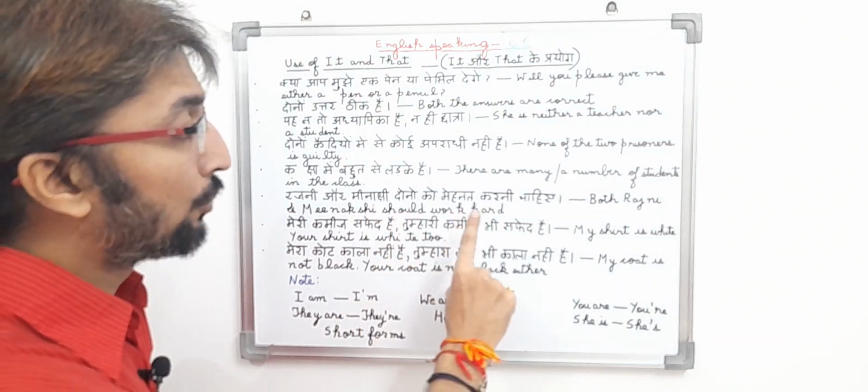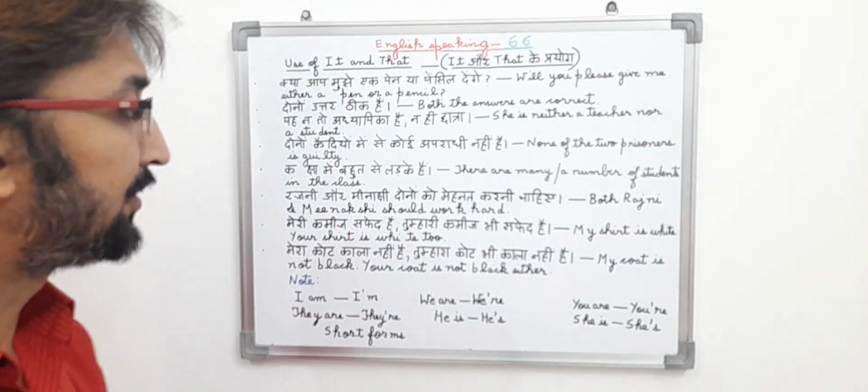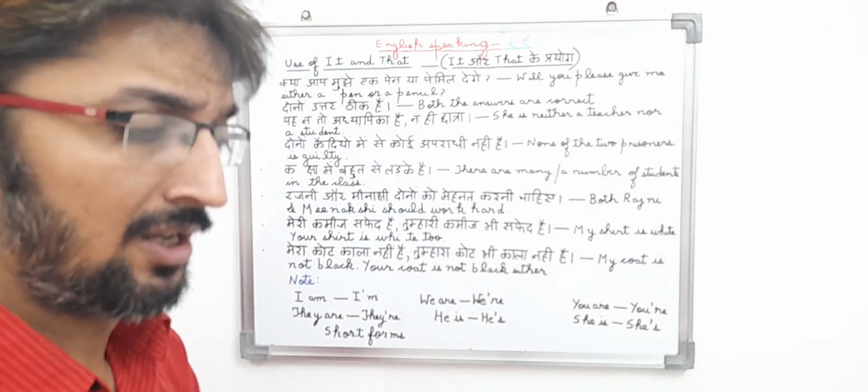रजनी और मीनाक्षी दोनों को मेहनत करनी चाहिए. So in English it means both Rajni and Meenakshi should work hard. Basically it is a sentence which is boosting up the morale of students.